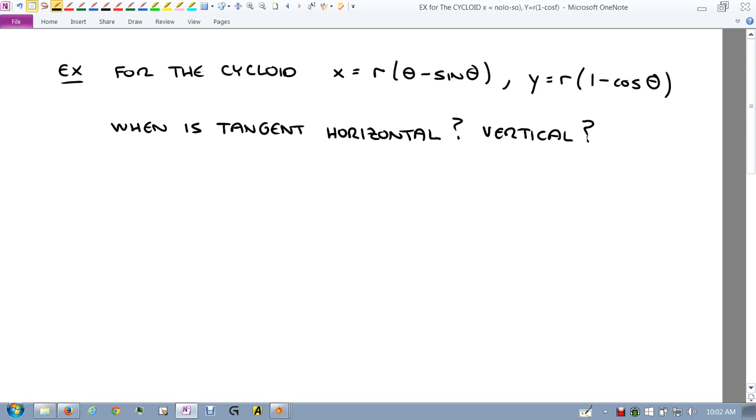Now I want you to notice something here. I'm using a different variable, aren't I? I'm using theta instead of t. And that just means that these two right here are x of theta, y of theta. So I'm just using a different parameter. The parameter now I'm using is theta.